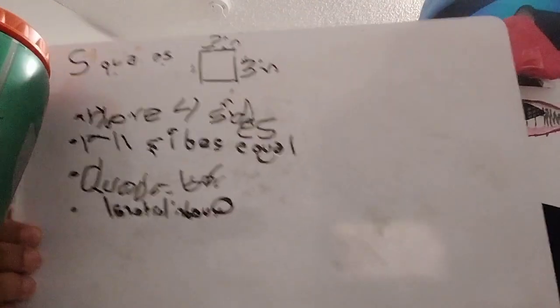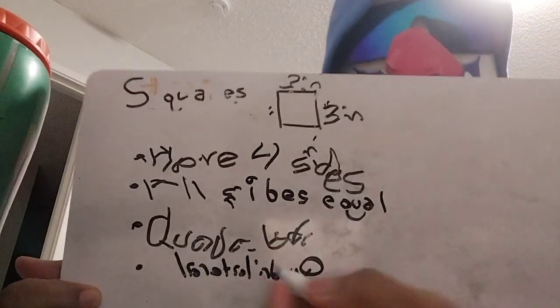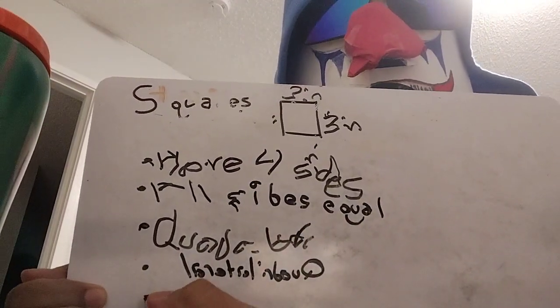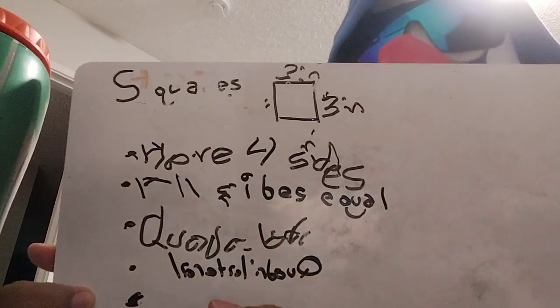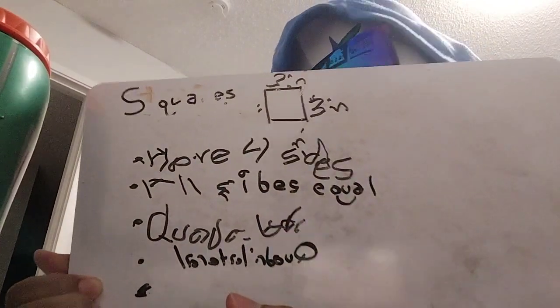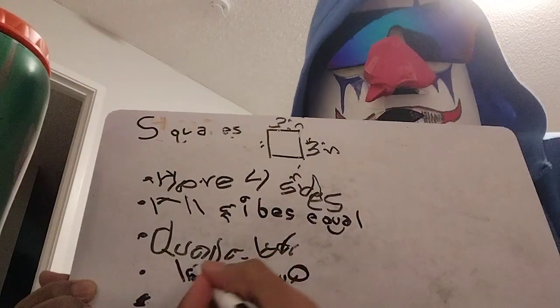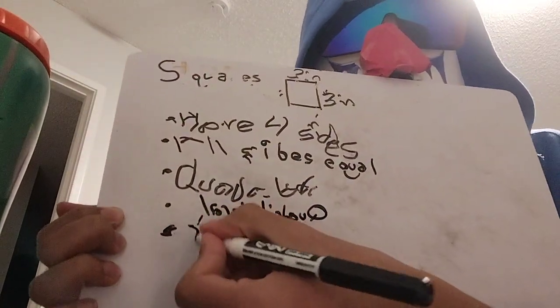Quadrilateral. Read it backwards, I don't care. It makes it easier. But also, if you didn't know, they are a type of rectangle.